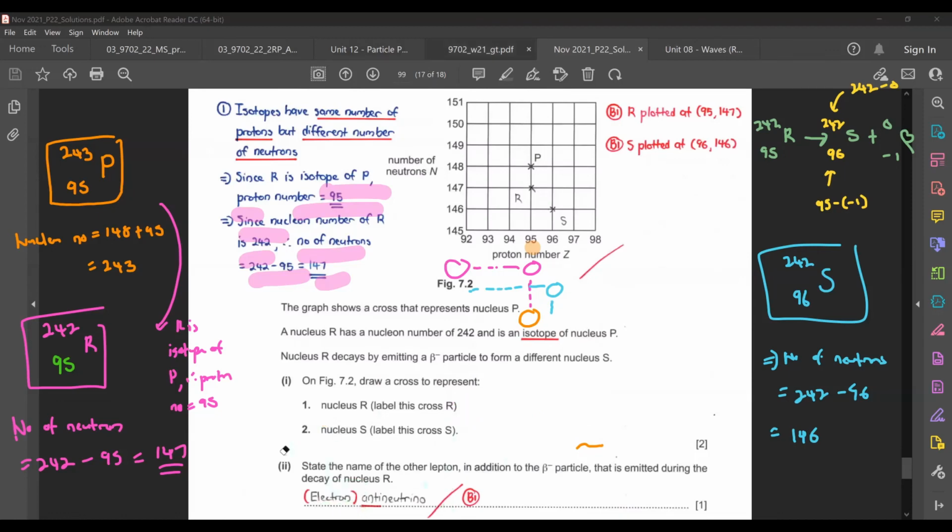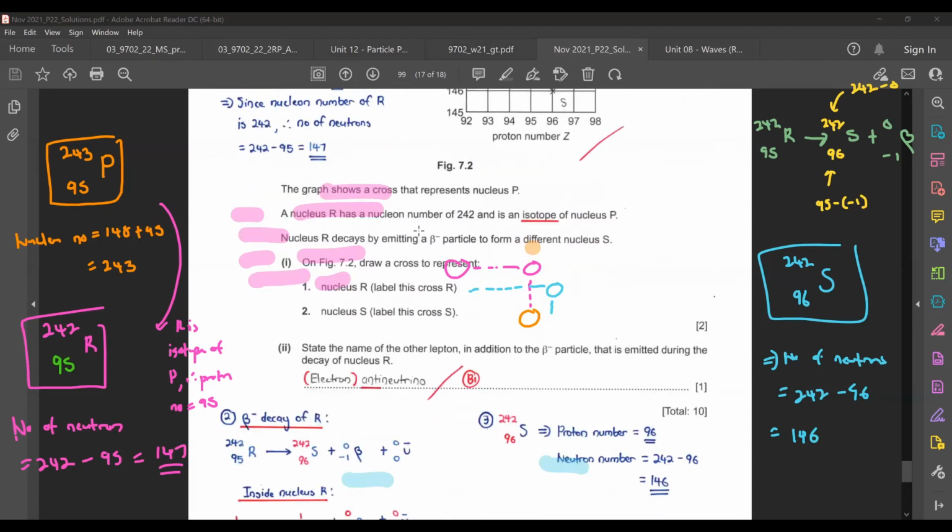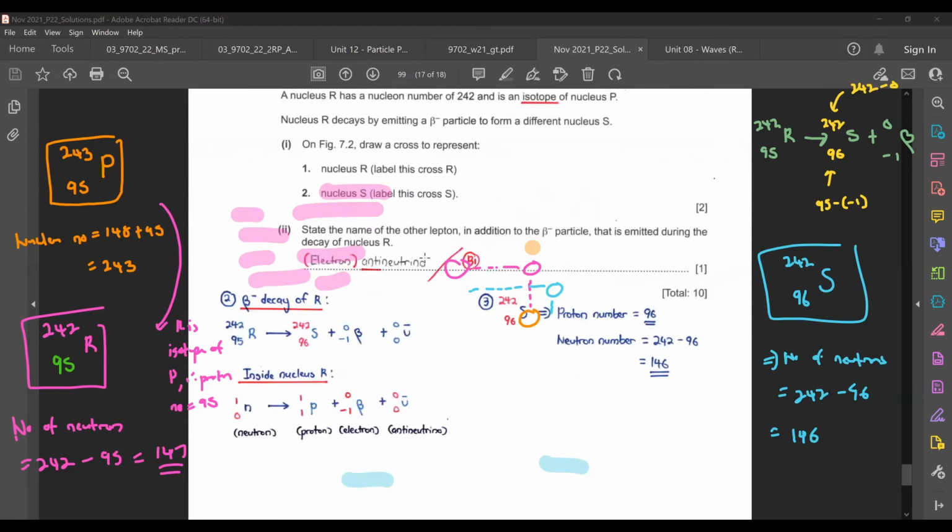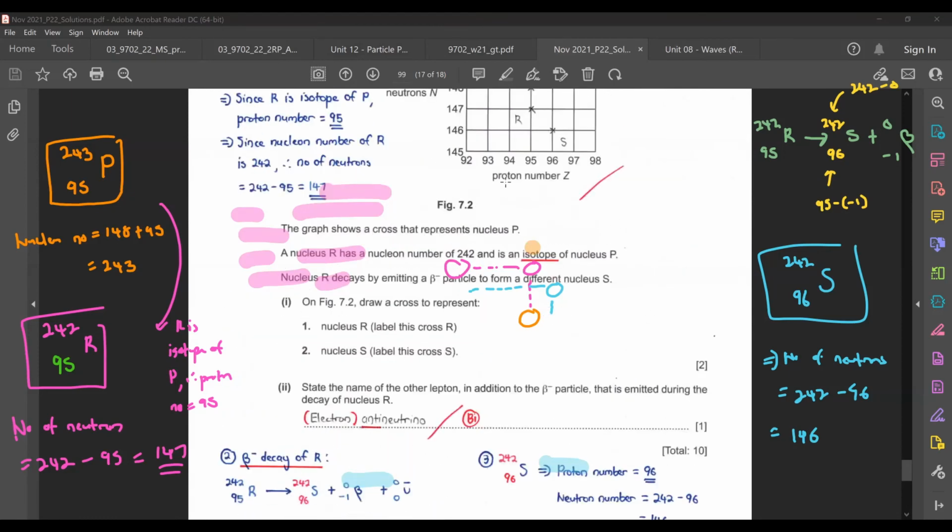Okay, so last question here would be just this one. State the name of the other lepton in addition to your beta minus particle that is emitted during the decay of your nucleus R. If you remember your beta minus decay from particle physics, maybe I just write it here to make things simple.